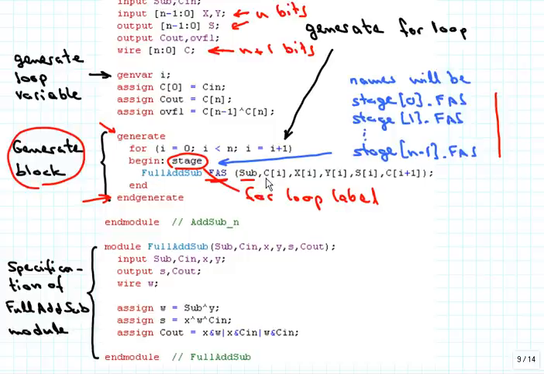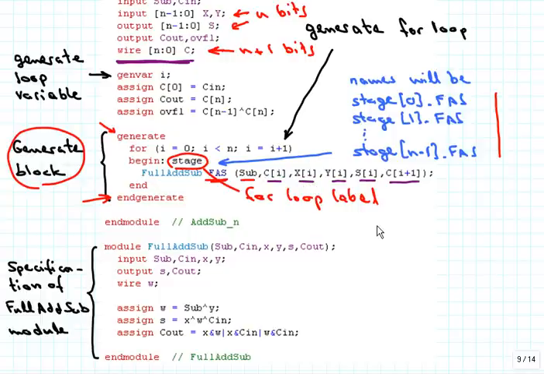Then there is the carry input Ci, there is the carry output Ci plus 1, and those go into that intermediate vector here of carries. And then we have Xi and Yi, those are the ith bits of the two inputs that we are going to add together or subtract from each other. And then we also have Si, the ith bit that is going to go into the sum that eventually forms the n-bit sum at the output.